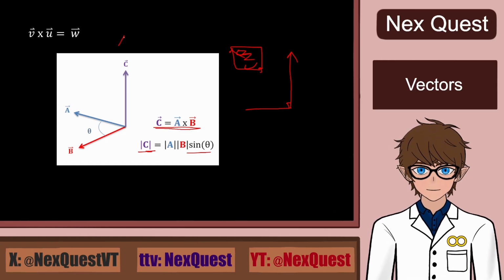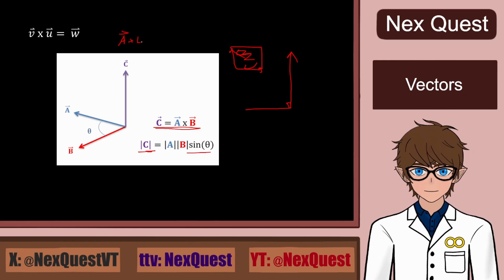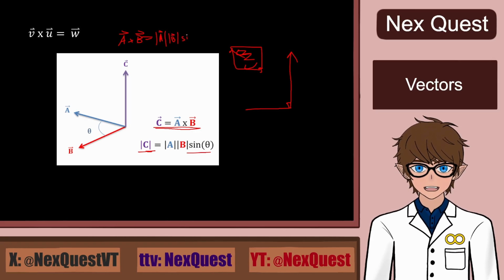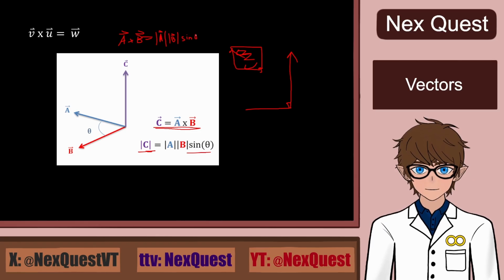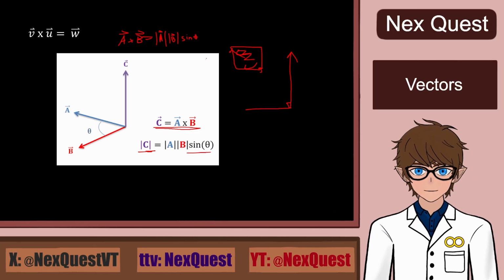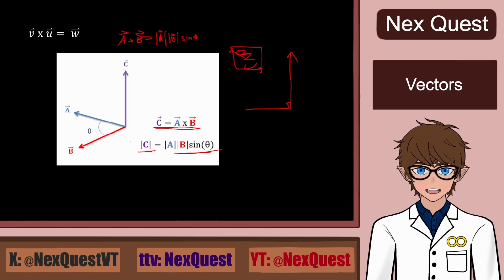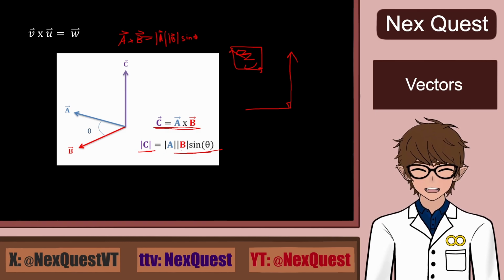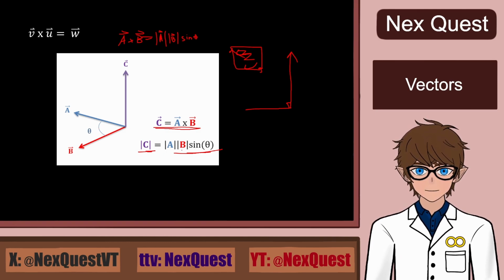So if you ever have a writing of the cross product of vectors a, b, that equals the magnitude of a times magnitude of b times sine of the angle between them. Basically. You can also derive this formula if you want, why it is the way it is. Don't bother. It's one of those that's easier to just remember the way it is.